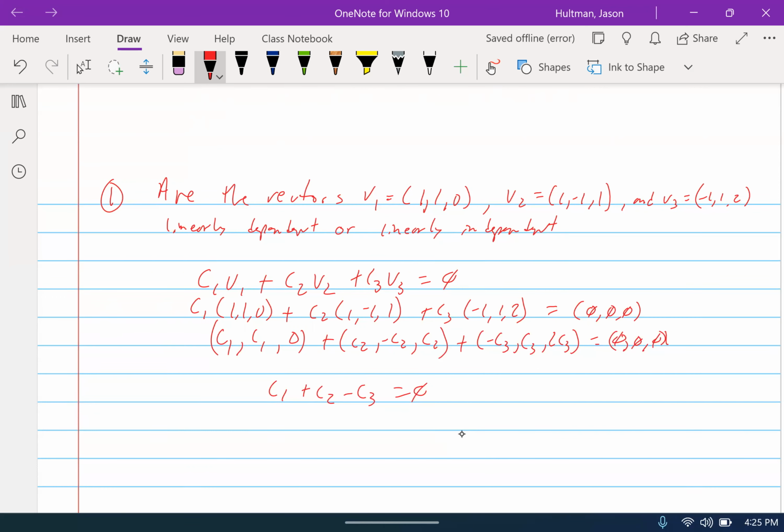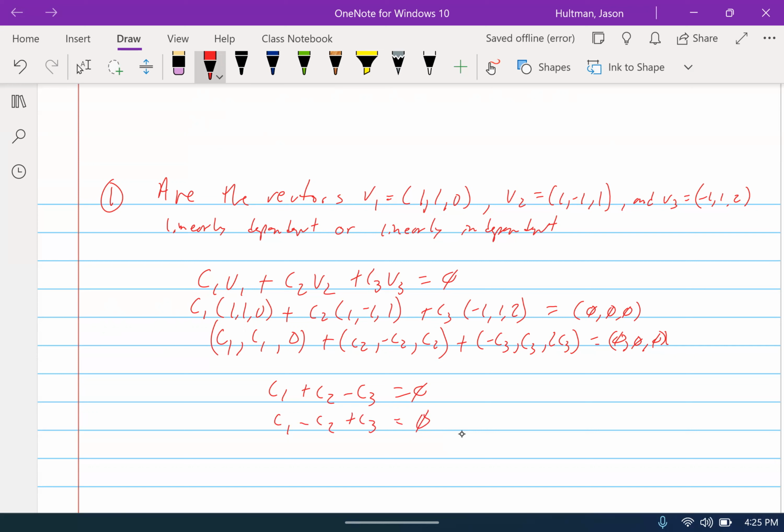And then C1 minus C2 plus C3 is equal to 0.